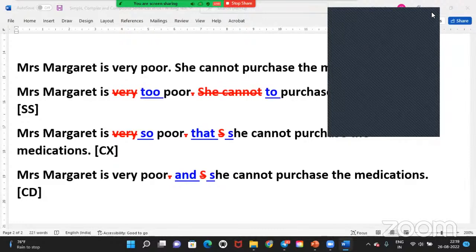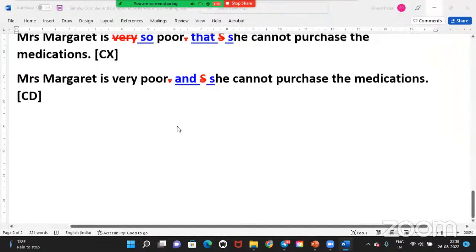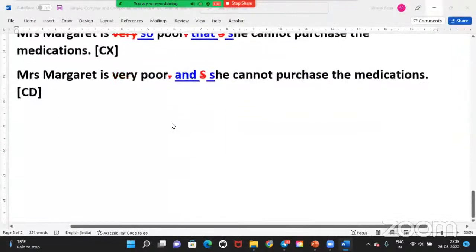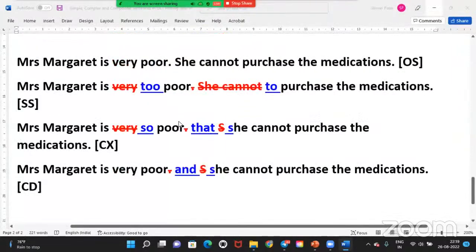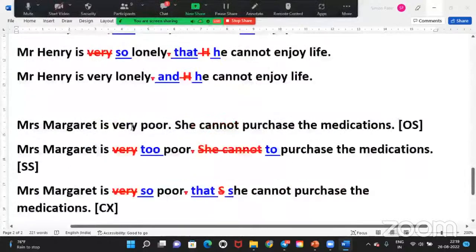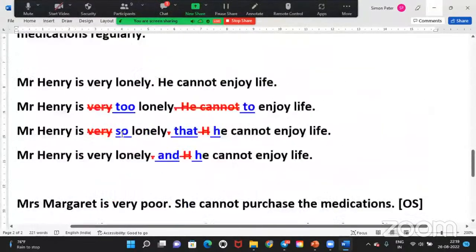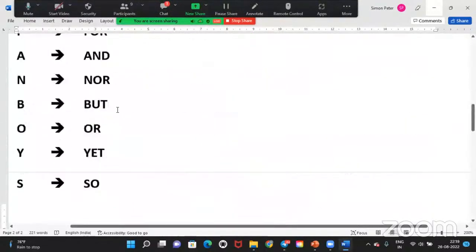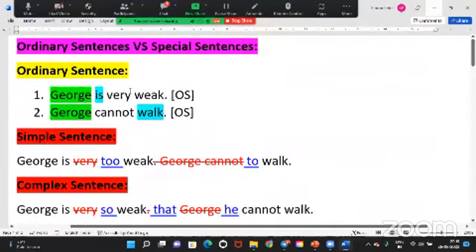So now we'll go to another one. The same sentence I will take. George is very weak, but George can walk. Or George is not very weak, but George cannot walk.